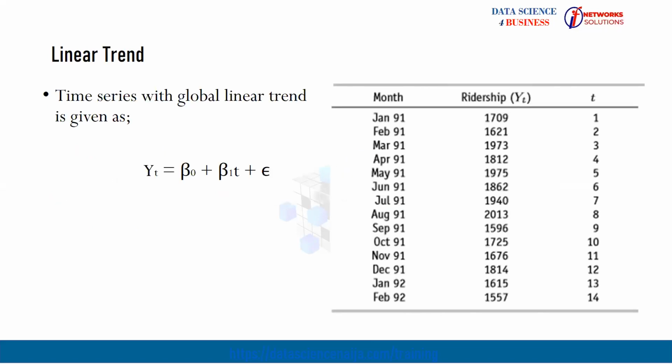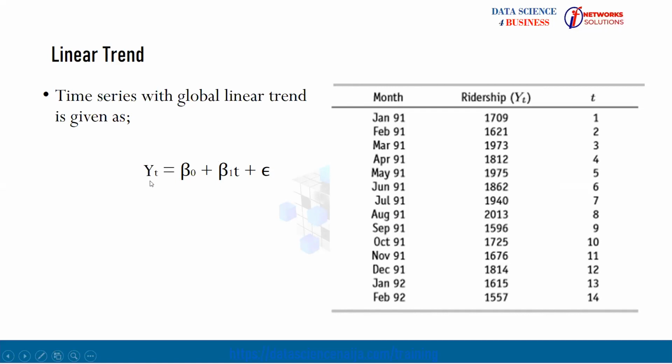So linear trend. What's linear trend? Because we need to actually understand this concept before we start using it for forecasting. So for linear trends, the time series with global linear trend is given by what we have here. So what exactly are these?